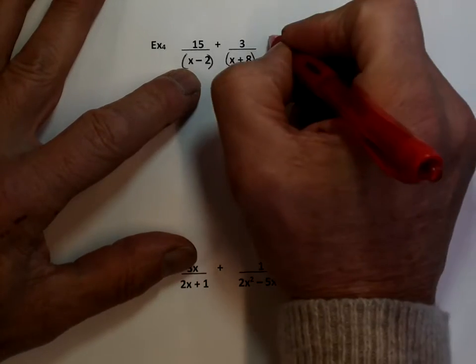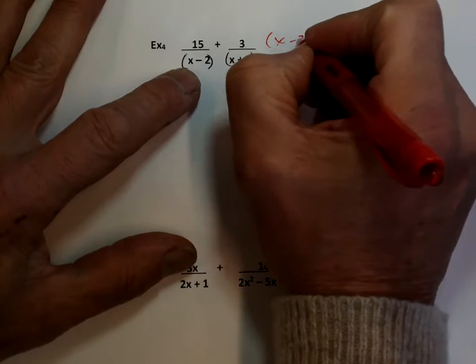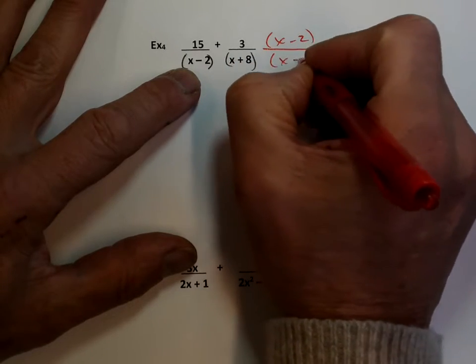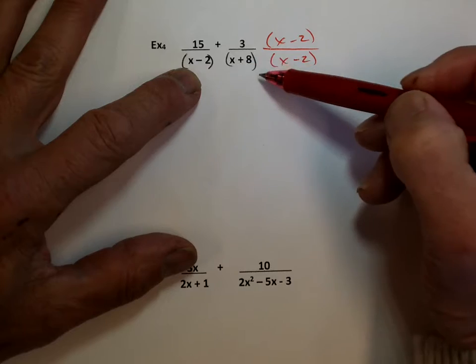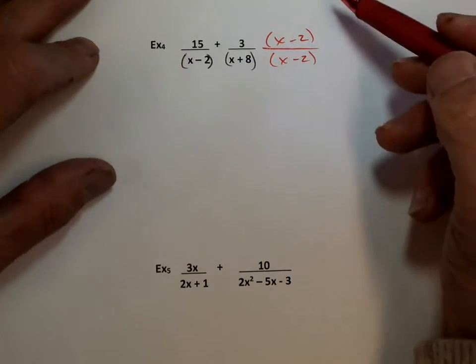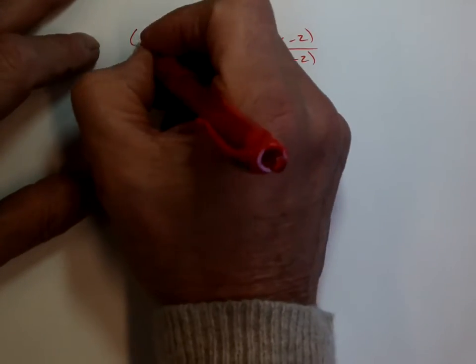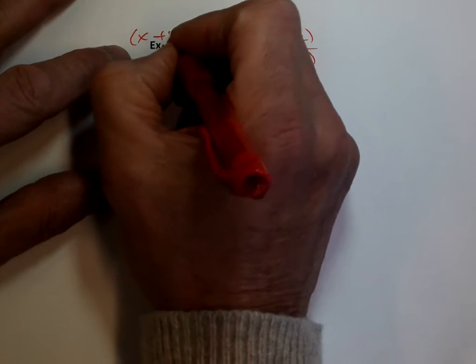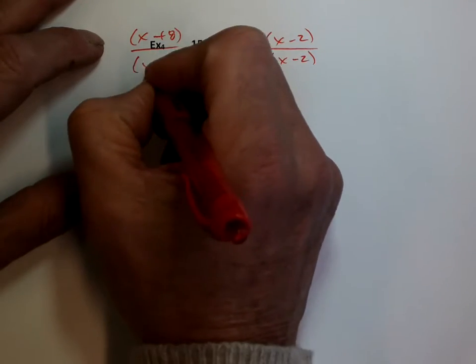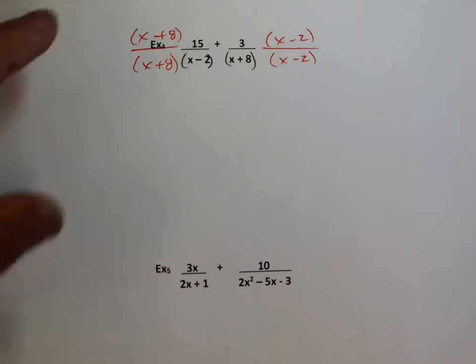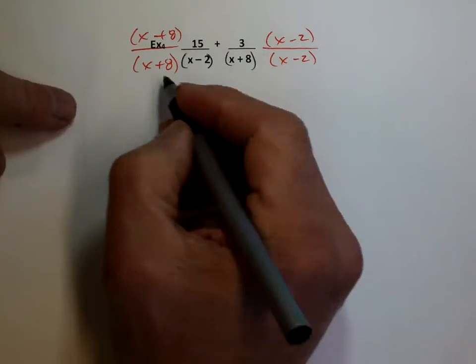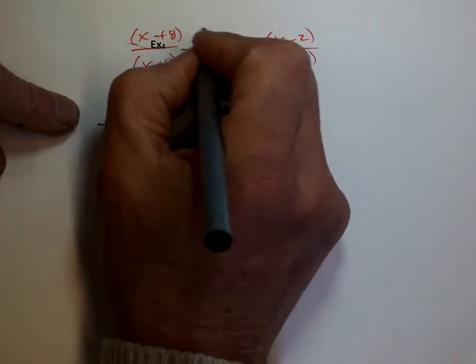I have to multiply by an x minus 2 over an x minus 2. Just multiplying by x over x won't make them the same, okay? Same thing over here. I have to multiply this one by an x plus 8 over an x plus 8. So if I multiply, let's see what I get. Let's do the numerator here.